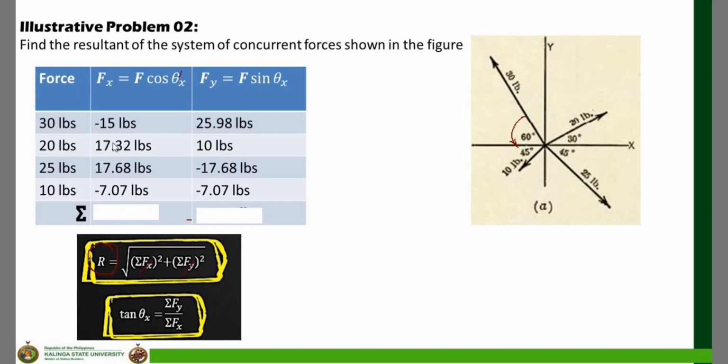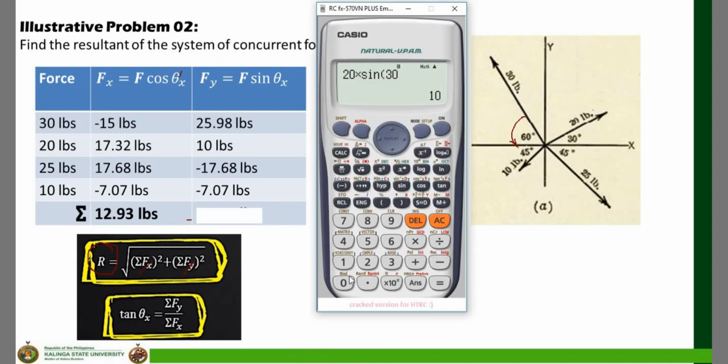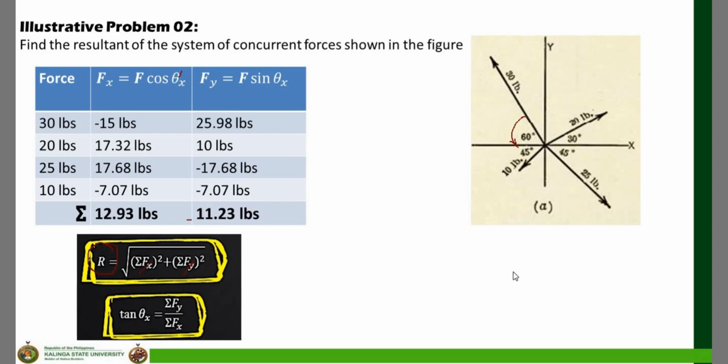If I add negative 15 plus 17.32 plus 17.68 minus 7.07, that is equal to 12.93 pounds. I will do the same for Fy: 25.98 plus 10 minus 17.68 minus 7.07, that is equal to 11.22 pounds.